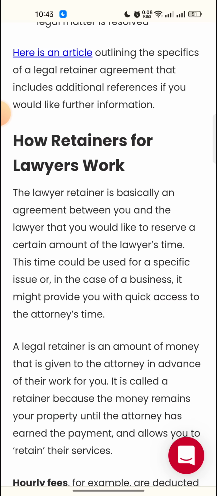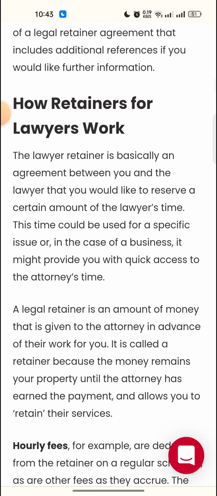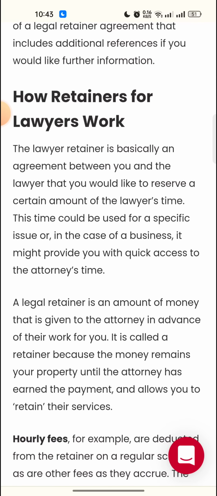The legal retainer is an amount of money that is given to the attorney in advance of their work for you. It's called a retainer because the money remains yours properly until the attorney has earned your payment and allows you to retain their service.